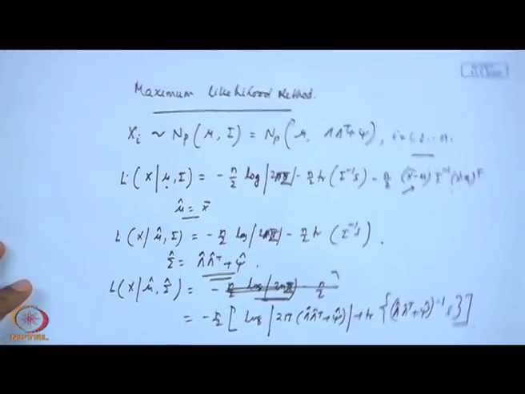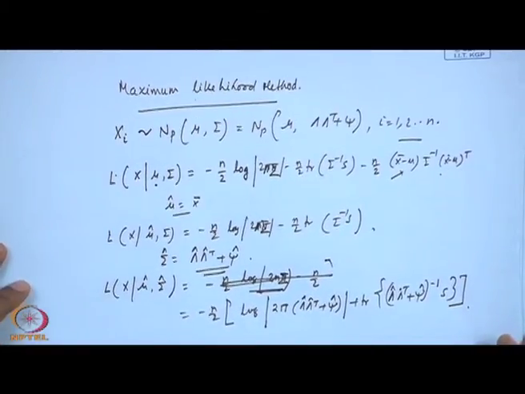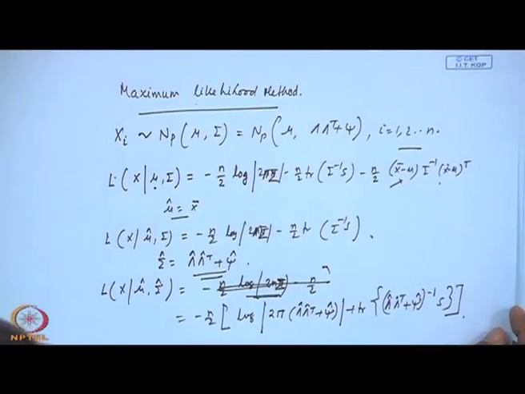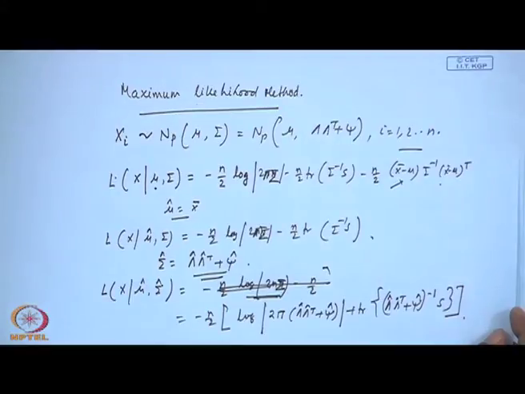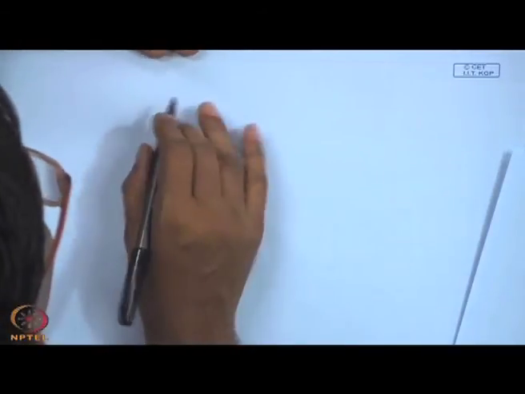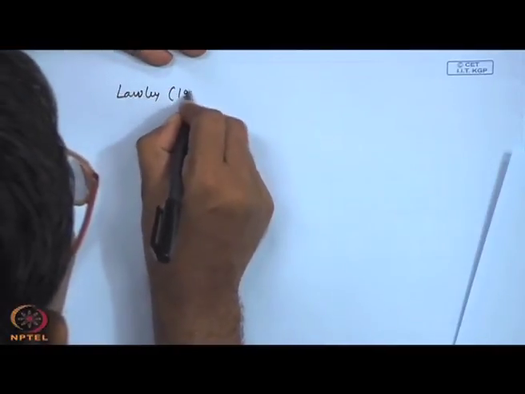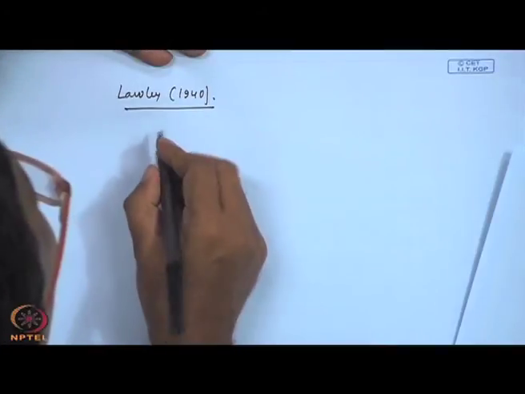This type of big formulation is there, and Lawley has given some formulation for this, which I will write further. Lawley has given the simplified normal equation, in 1940.